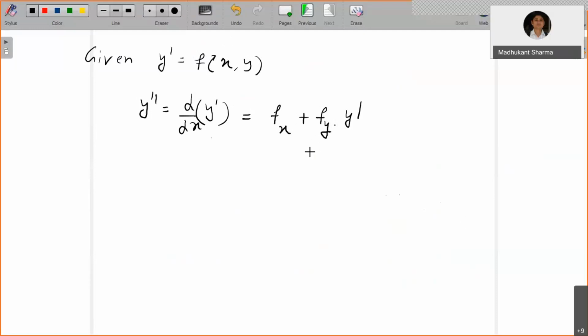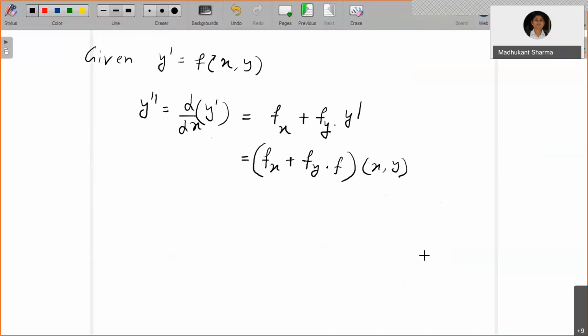Note that to have second time differentiability, it is required that the first order partial derivatives exist and are continuous. Then the second derivative exists because y dash is already available. So you can replace it by fx plus fy times f, evaluated at the point x comma y.